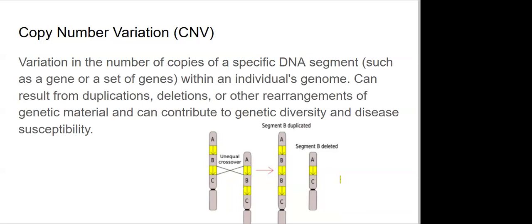That can happen because of differences in crossing over, duplication, or other types of duplication events. But if you look in this one, you can have unequal crossing over so that one of them gets an extra copy of the B, and that means the other is missing the copy of that B gene. So copy number variation, relatively simple.